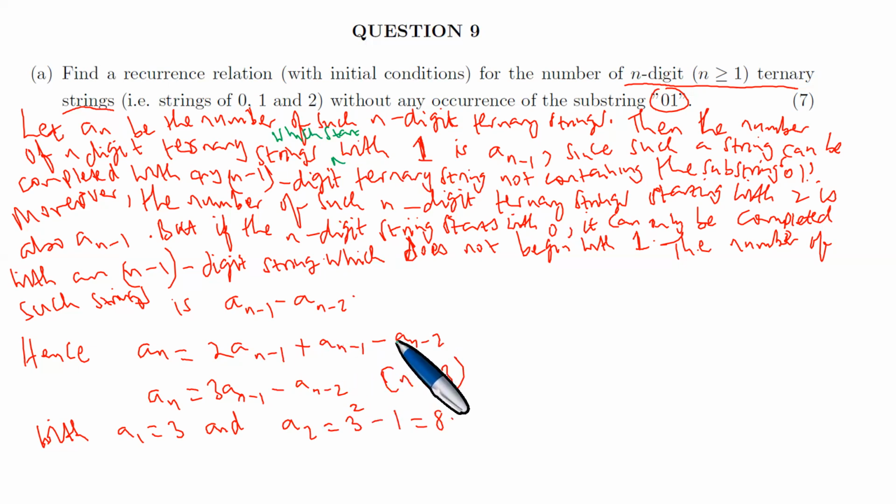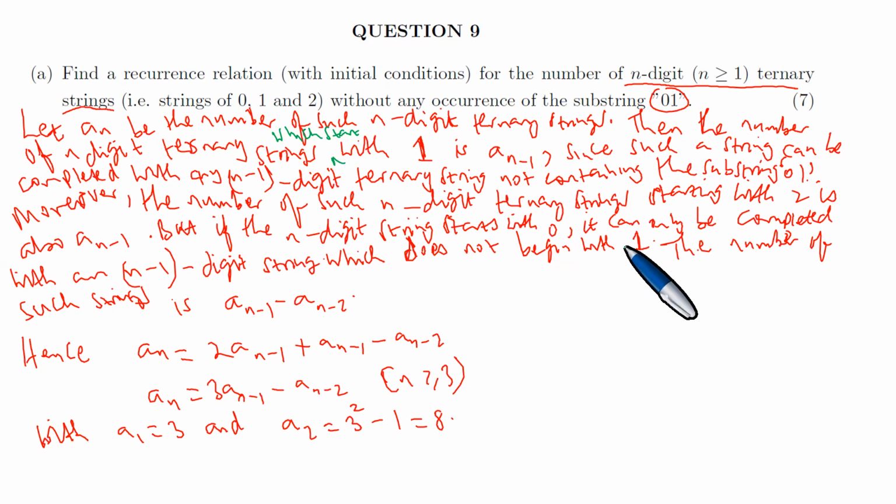So there are two cases for those that start with 0, like we've said here. If an n-digit string starts with 0, it can be completed with n minus 1 digits. Because it must have n digits, how many digits do you add? You add a_{n-1}, which should not begin with 1.